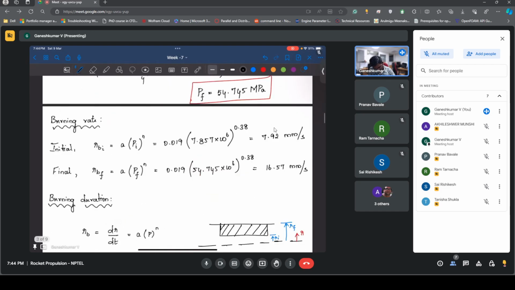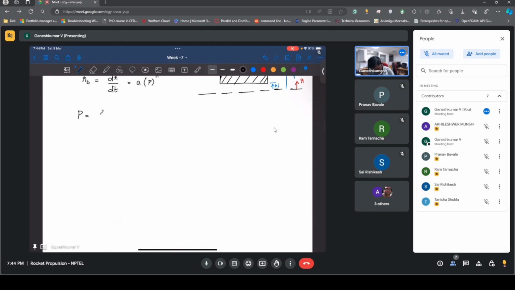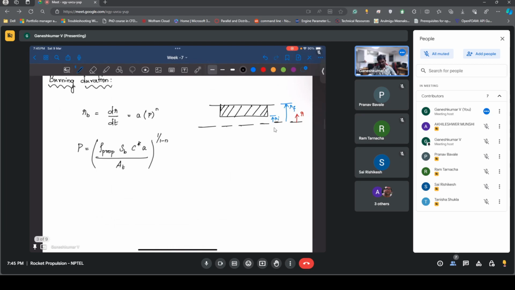So we can use this relation: rho propellant SB, the burning surface area, C star A by AT, whole power 1 by 1 minus n. During the propellant regression, the pressure is going to vary with respect to time, and the burning surface area is going to vary with respect to time, but rho propellant and A are not going to vary with respect to time.